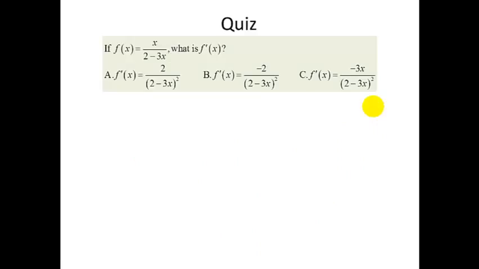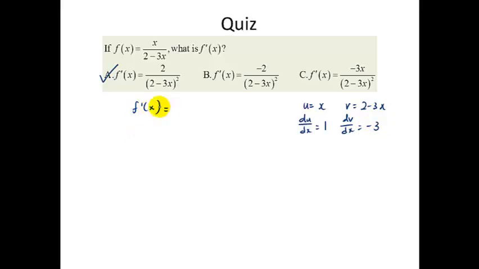Here is a little quiz. Answer is A. Because this is a quotient, if I want to find f prime of x, I have to use the quotient rule. So I let u be the numerator, v be the denominator. Differentiating x gives me 1. Differentiating 2 minus 3x with respect to x gives me minus 3.